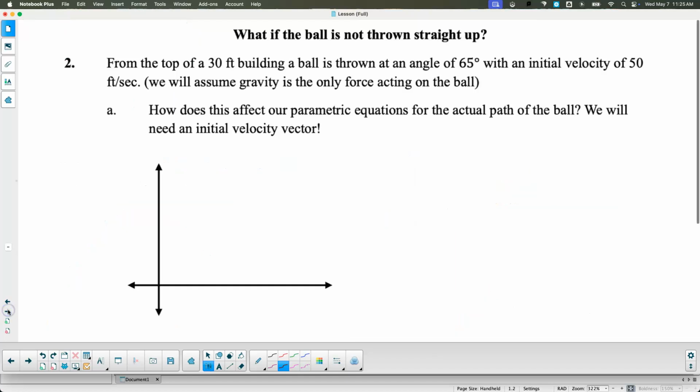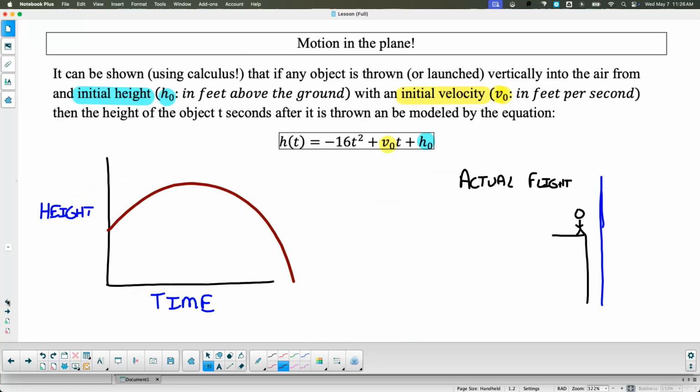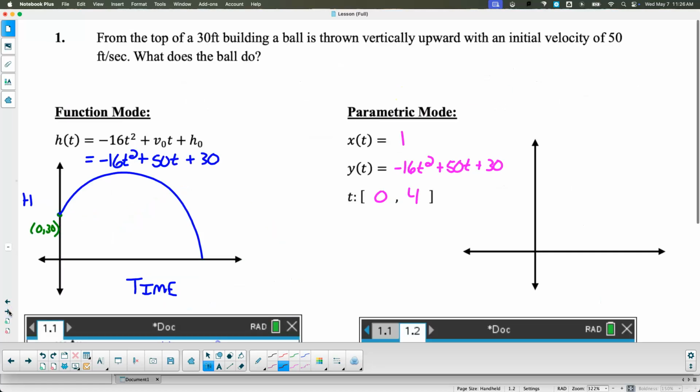Let me take a peek at the next slide. Okay, one of the things we need to, I'll put it here, put it in parametric.